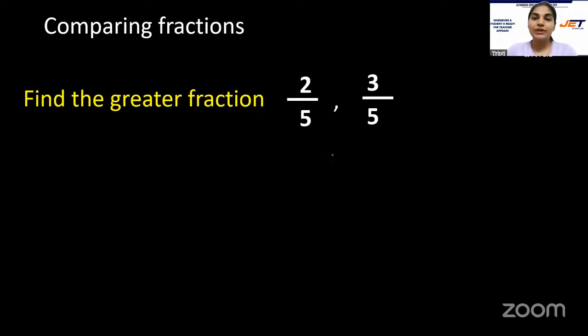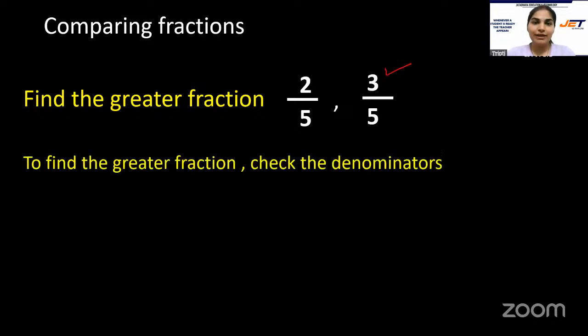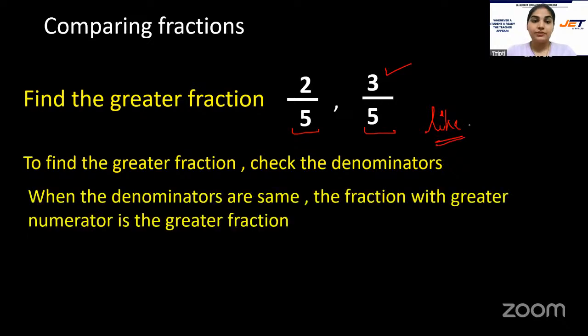The fraction with greater numerator will be the greatest. So when the denominators are same, the fraction with greater numerator is the greater fraction. The greater one is 3. So 3 by 5 is the greater fraction.